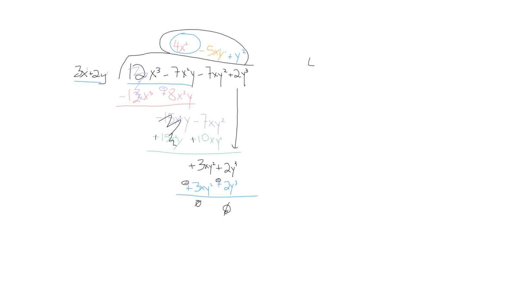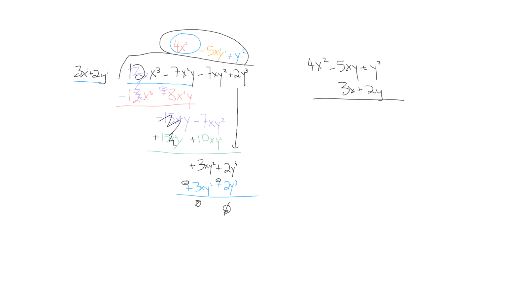So if I were to do this, 4x squared minus 5xy plus y squared. If I were to multiply this times the 3x plus 2y, I'm going to get back this whole thing.